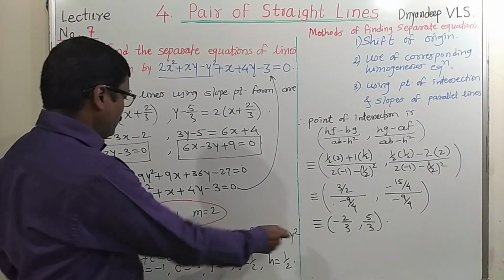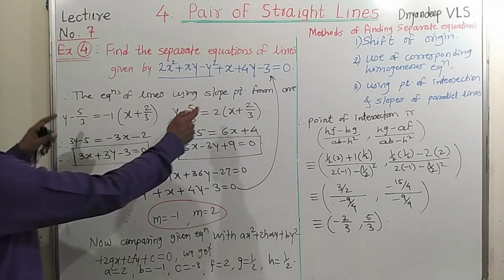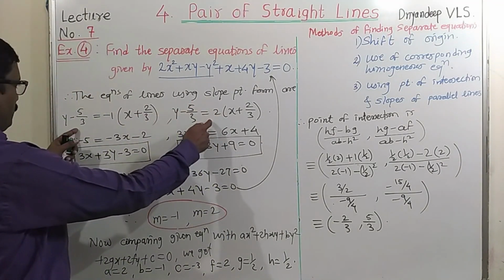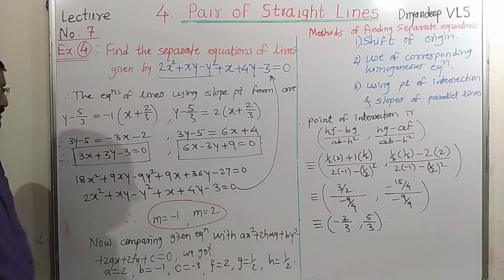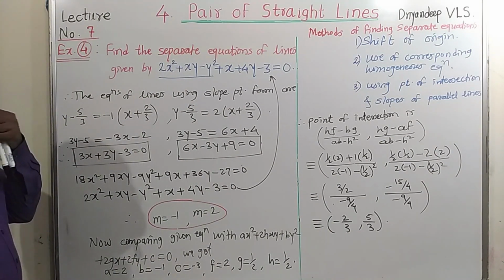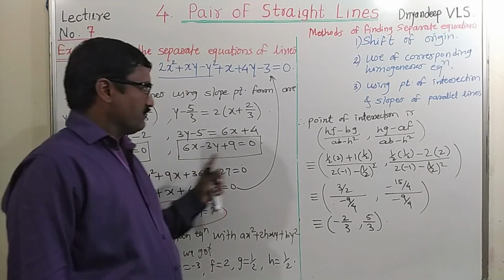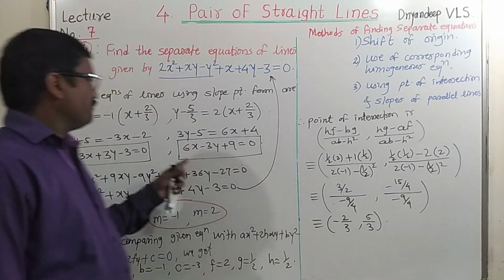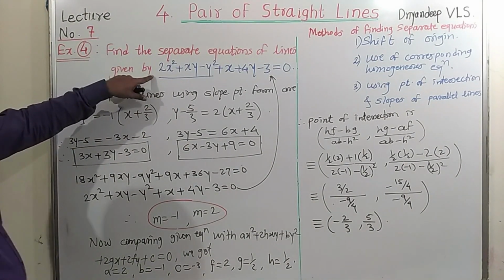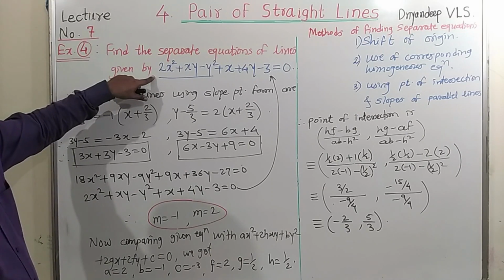Now knowing point and slope, write the equations using slope point form. These are the separate equations. And if we are able to write the separate equations, then obviously this equation represents a pair of lines.